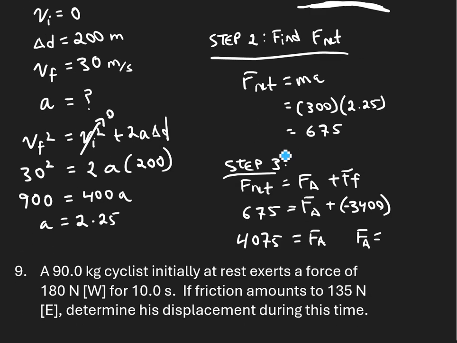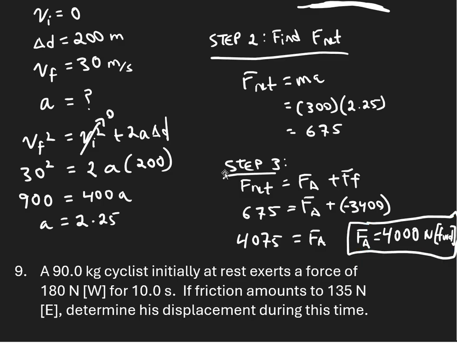So I'm going to say 4,000 newtons. In my direction, in this case, it's an applied force, so that's forward. FWD. Okay, there's my final answer. Let's put a box around it to show that's our final answer. There we are. Let's move on to our last one now.